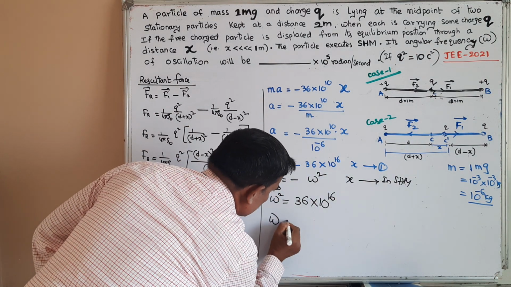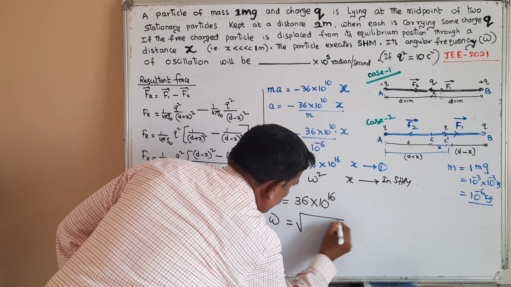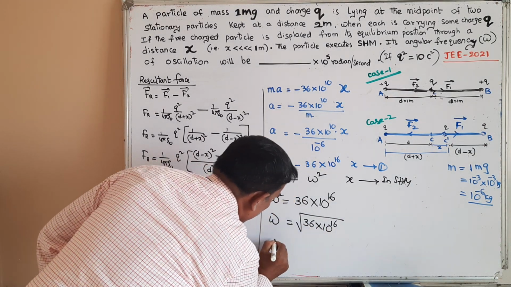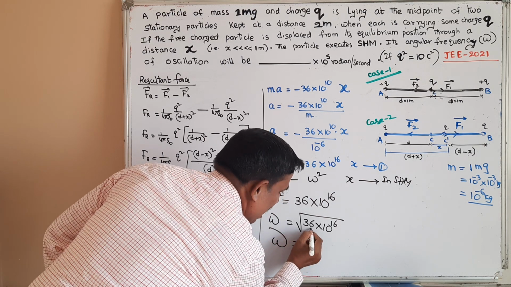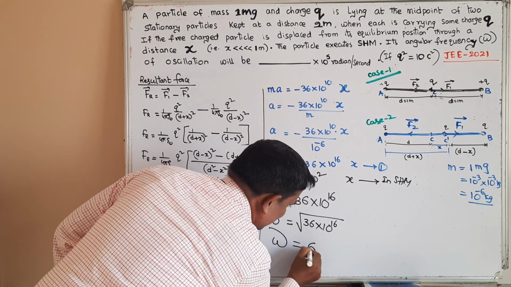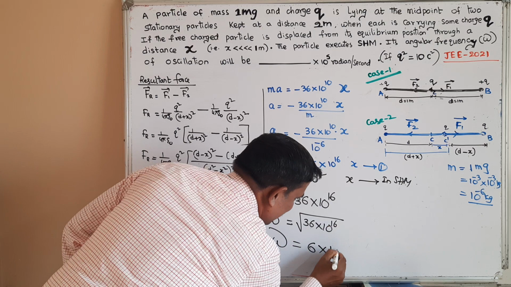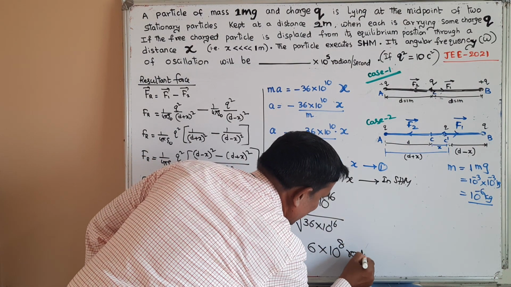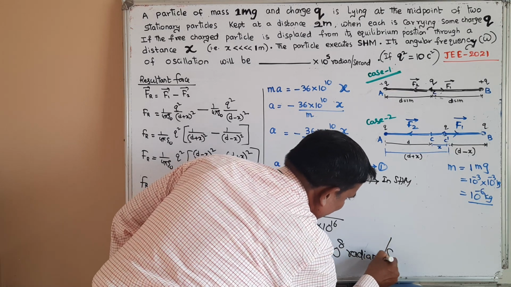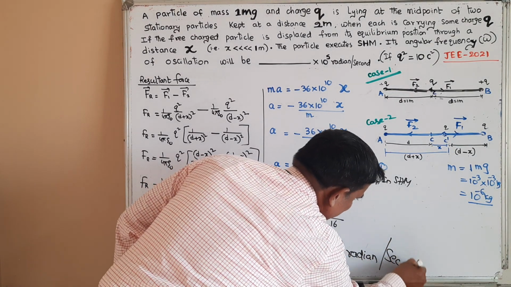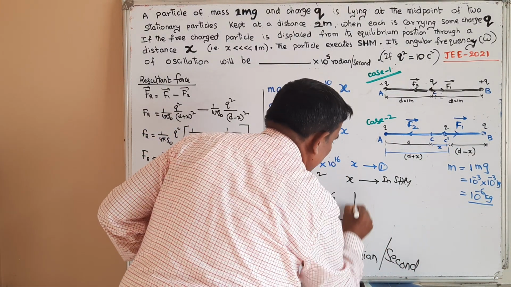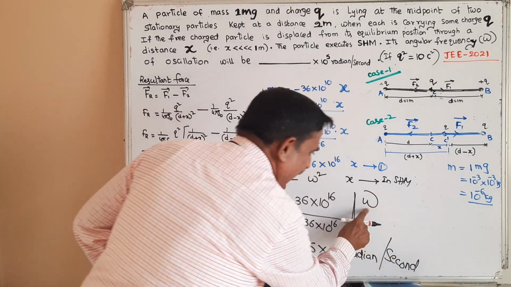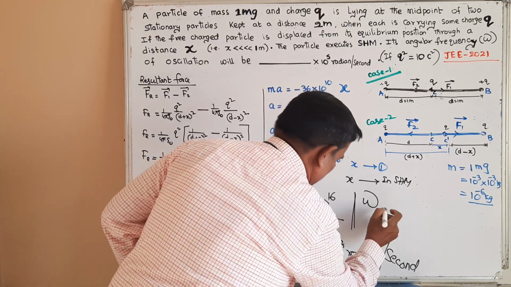Omega is equal to under root of 36 into 10 power 16. Omega is equal to 6 into 10 power 8. Omega unit is radian per second. Now we got omega, which means angular frequency.